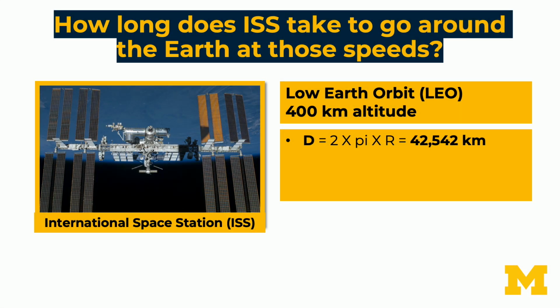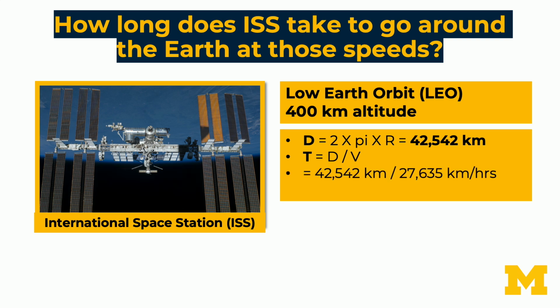We can then use this information to figure out how long it takes this space station, for example, to go around the Earth. And what you could do is you calculate the distance that it's moving around the Earth, which is this 42,000 kilometers. And then you can calculate the time given distance divided by velocity.